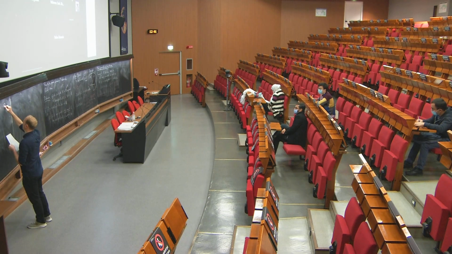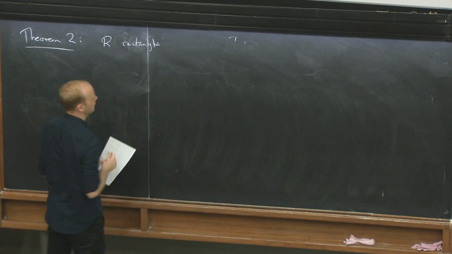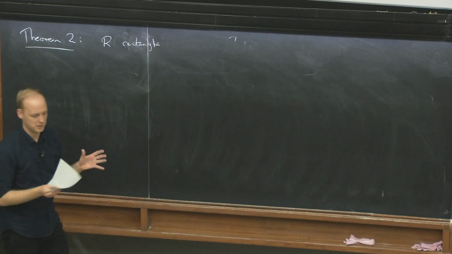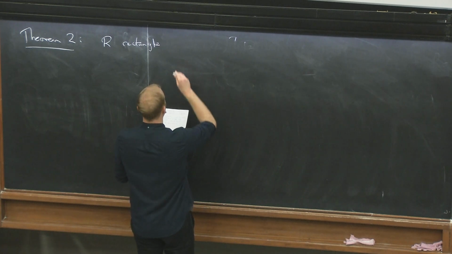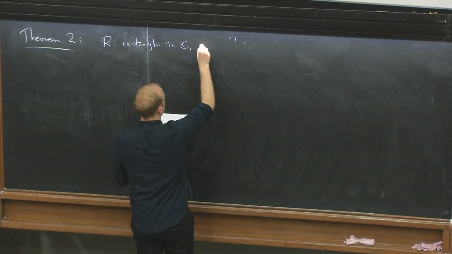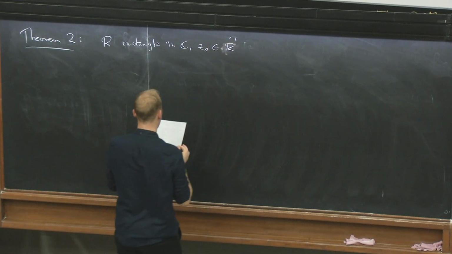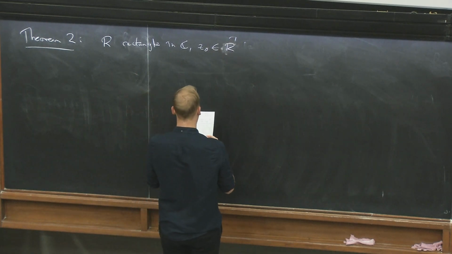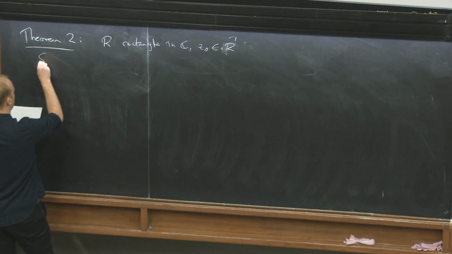So if R is a rectangle, this one talks about rectangles, but it's not so important if it's a rectangle or some other shape. I mean, usually you can reduce it to one or the other. So in C, and let Z0 be a point in this rectangle.